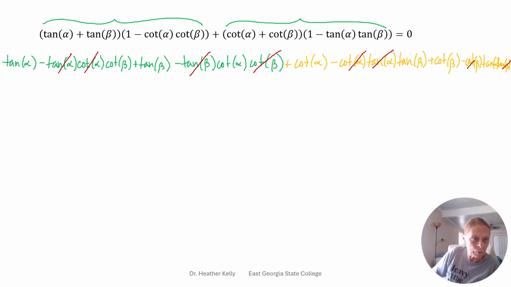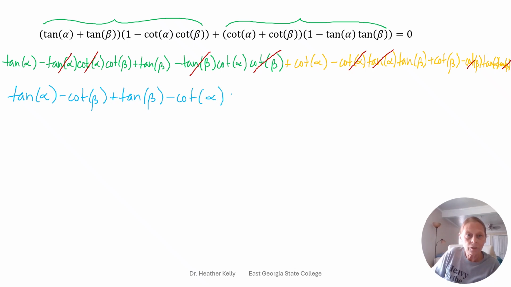All right, so let's see what we're left with. I'm going to change colors altogether. So tan alpha. This piece leaves us a minus cotan beta plus a tan beta minus a cotan alpha plus a cotan alpha minus a tan beta plus a cotan beta minus a tan alpha.